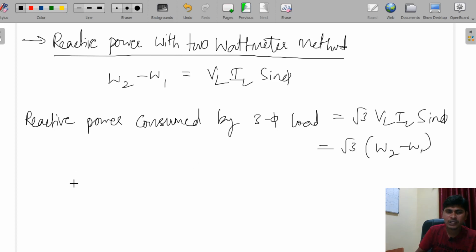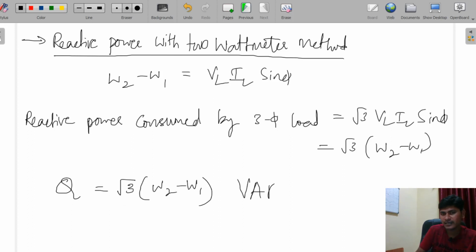Then simply the reactive power Q in a 3-phase load is equal to root 3 into (W2 minus W1) VAR, volt ampere reactive. Reactive power consumed by the 3-phase load is root 3 times W2 minus W1, the algebraic difference between the two readings.